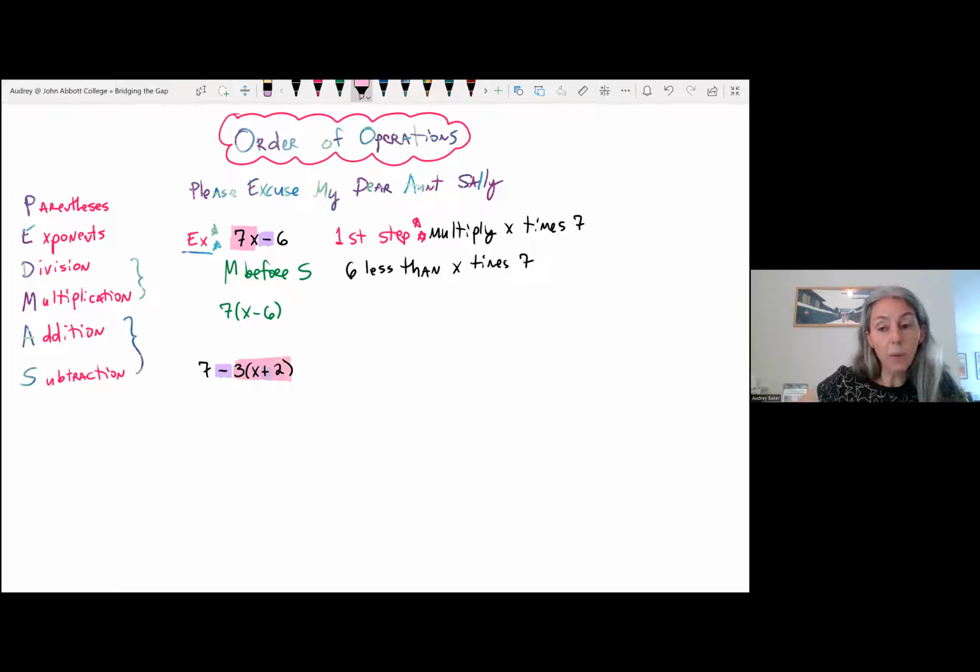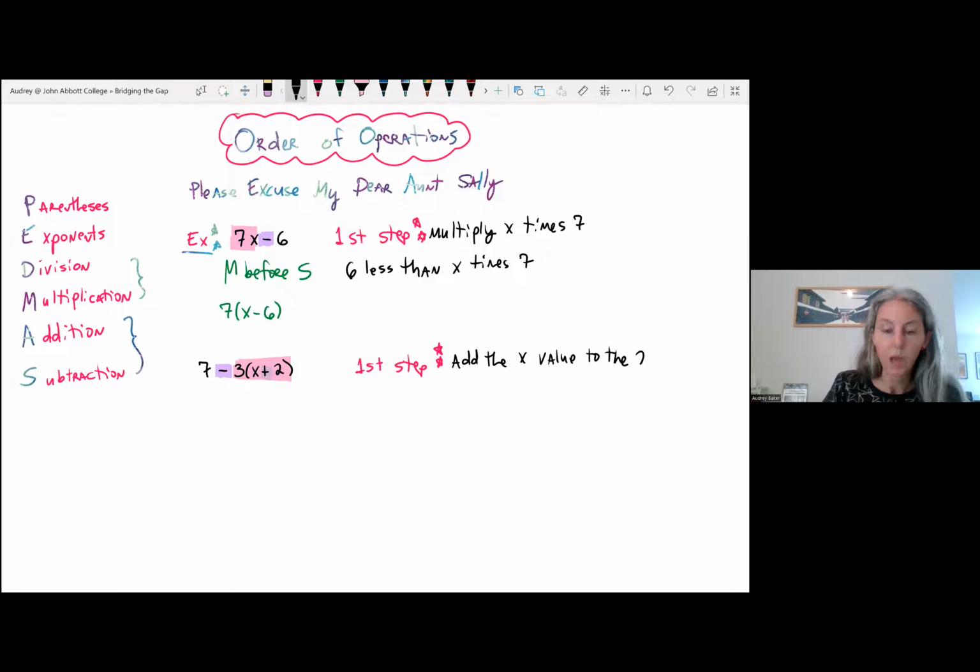So the first thing that we would want to do then is deal with the parentheses. So the parentheses tell me that I need to do what's inside of them first. That is my very first step. So here that means the first step, that addition is going to take precedence over anything else because it is inside the parentheses.